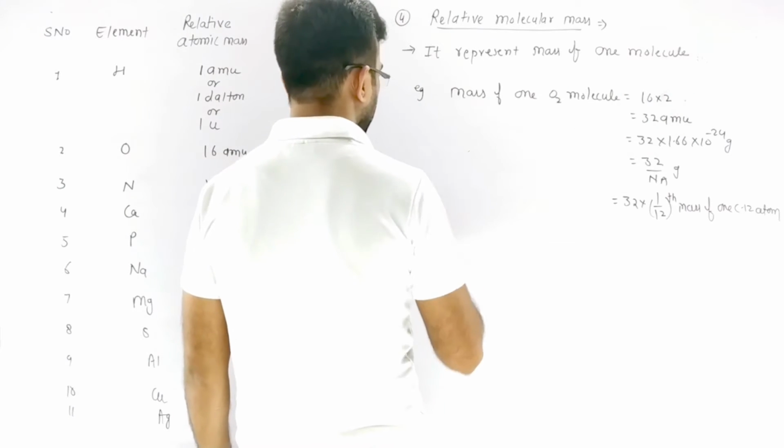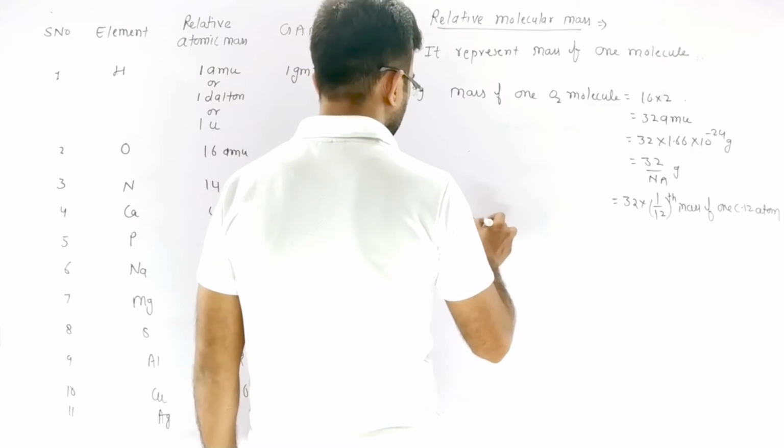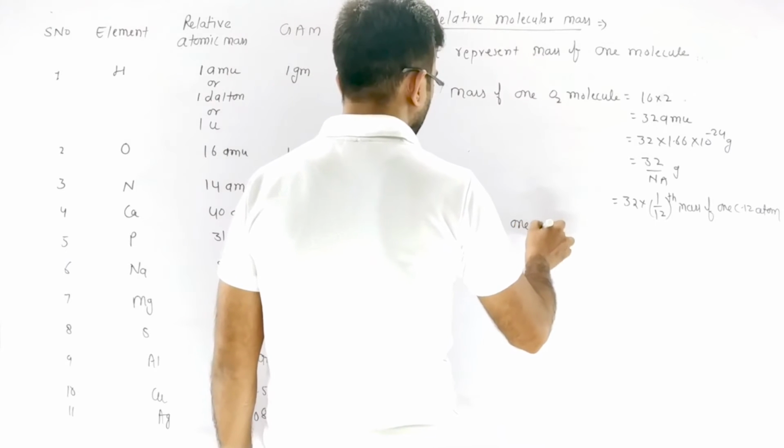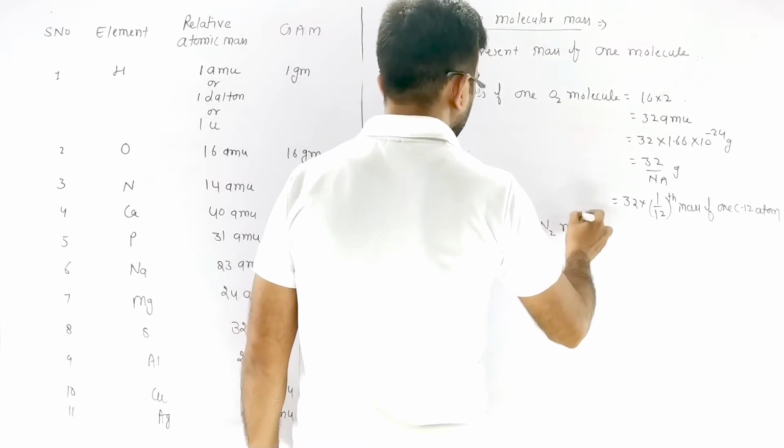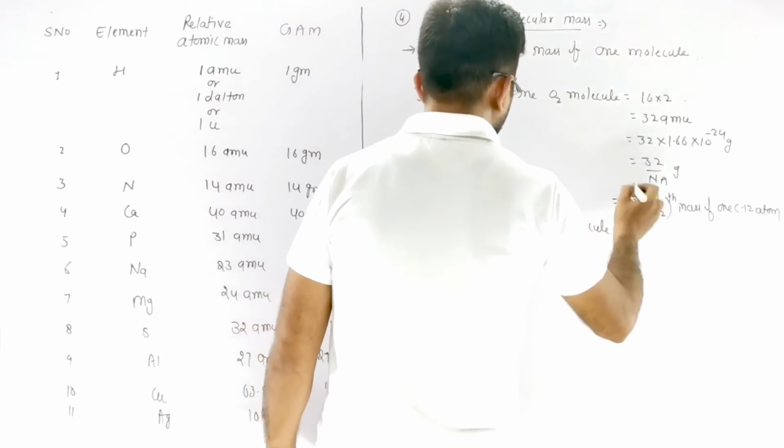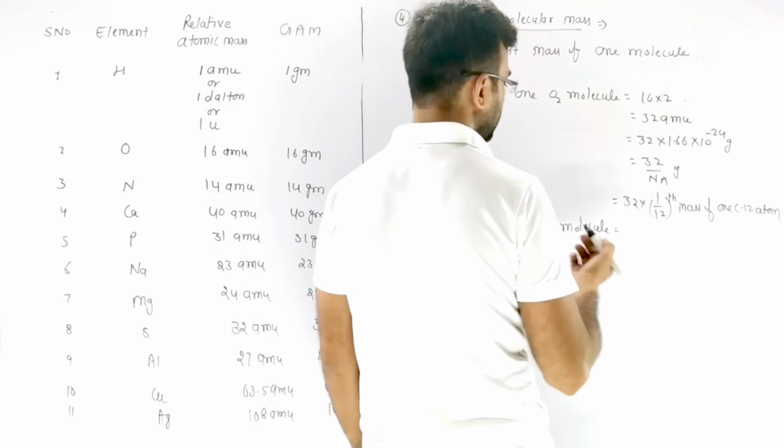Similarly, let's discuss one more example. Mass of 1 N2 molecule. Nitrogen has atomic mass 14.